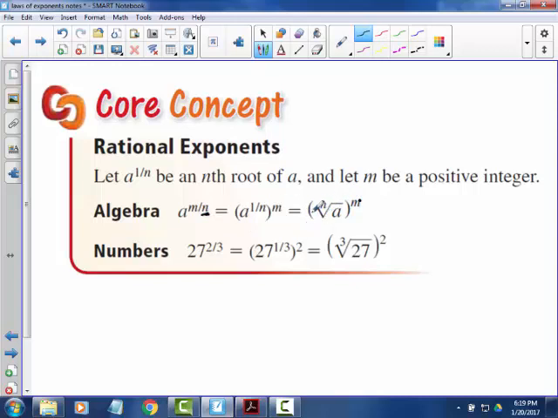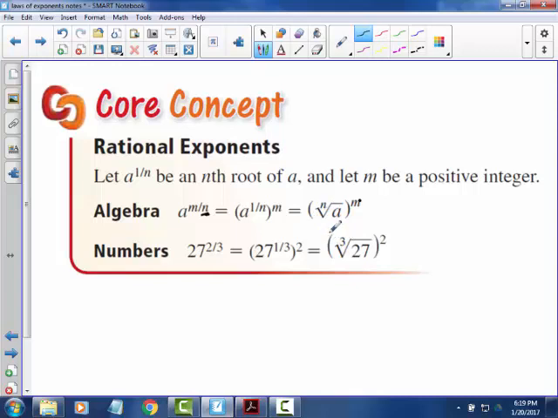Many of you have looked at this as a square root symbol, but its real name is radical. And this little n tells us any number in the whole wide world can go in this little spot. We can take a square root, a cubed root, a fourth root, a fifth root, whatever number is here, that's how many roots we're taking.